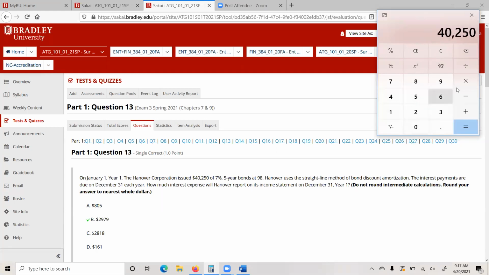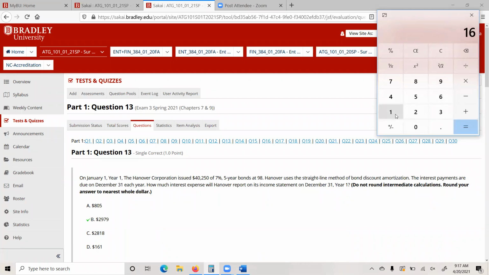is $40,250 at the rate of 7%. So again, face value times interest rate gives you interest. They tell you to round the end result to the nearest dollar. So interest paid would be $2,817.50.